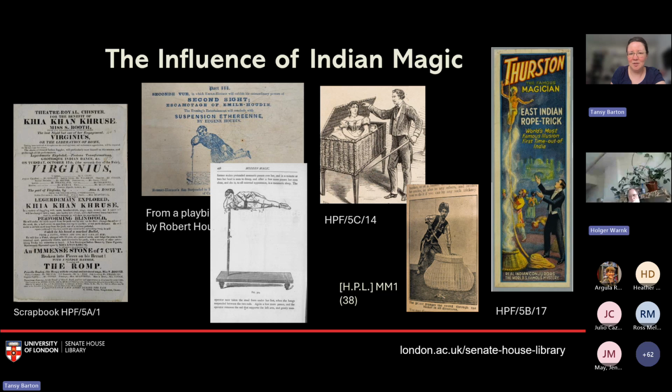Perhaps one of the most renowned tricks to have come from India into the Western repertoire was the Indian rope trick, and there was something of a craze around this in the early 20th century based on descriptions of visitors who'd witnessed it in India.